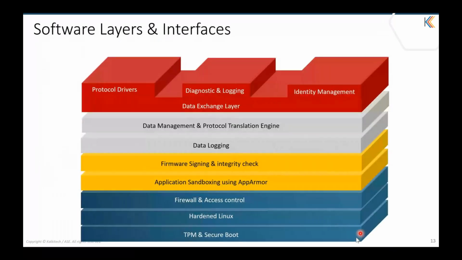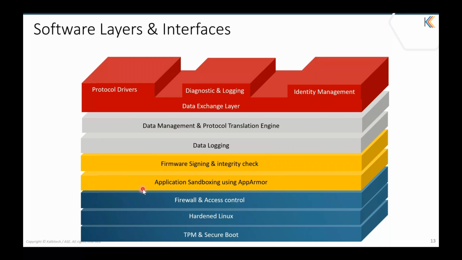Yeah, this is the picture representation of the security stack which is built in as part of the gateways. It comes with hardware level security, TPM, Secure Boot, and there's a hardened Linux on top. And there's a firewall and access control built on top, which ensures that all external access through the communication port, or user level access, is controlled and checked.